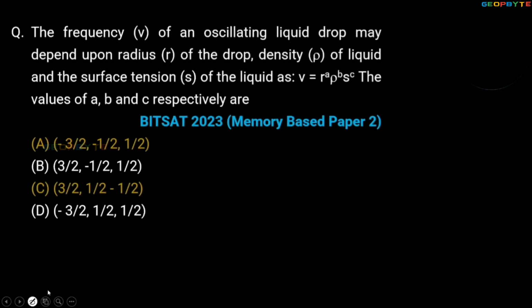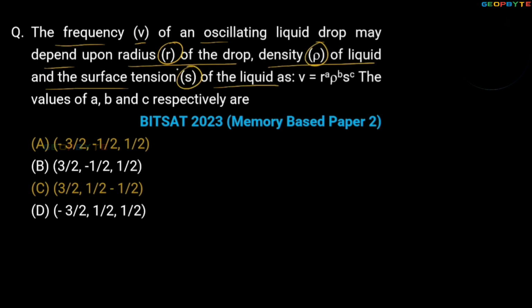It is asking like this: the frequency v, here v is for frequency, not for velocity, of an oscillating liquid drop may depend on the radius of the drop r, density of the liquid rho, and surface tension of the liquid S. Given v equal to r^a rho^b S^c, what are the values of a, b and c respectively, where rho is the density, S the surface tension of the liquid, and r the radius of the drop?